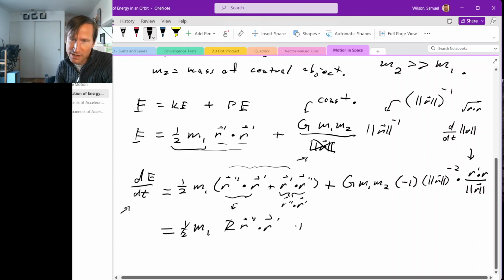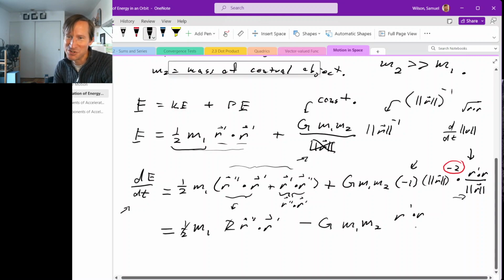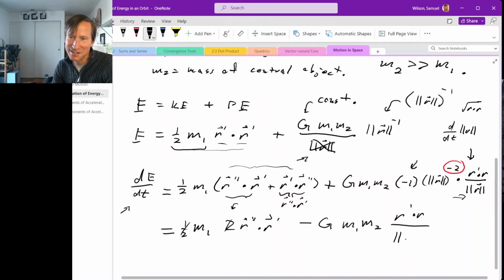Okay, plus G, I guess minus because of this minus out here, so let me change that plus to a minus: minus G times m1 times m2, and then in the numerator we have this r prime dot r, and then we have a magnitude of r in the denominator, but then with this magnitude of r to the minus second, that's 2 more factors of magnitude of r in the denominator. So altogether in the denominator, we have 3 factors of the magnitude of r. So it's magnitude of r cubed.